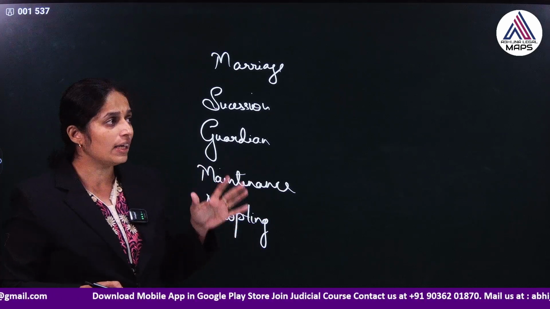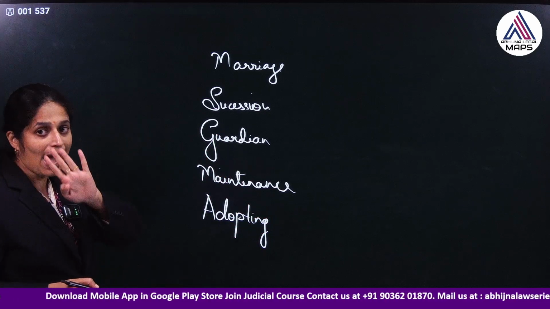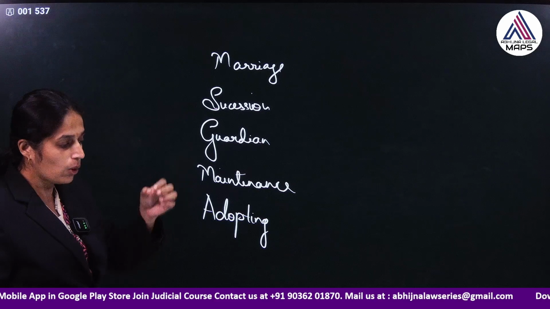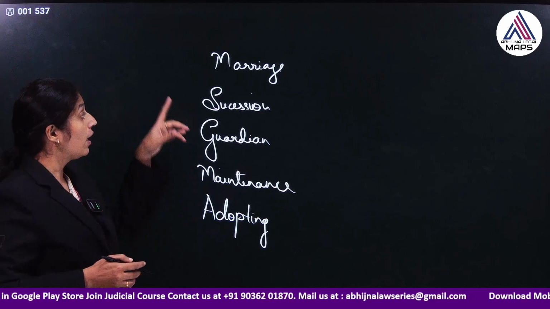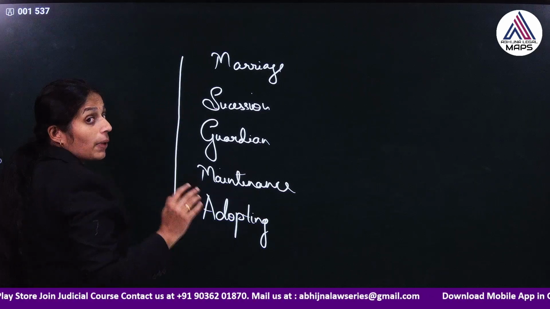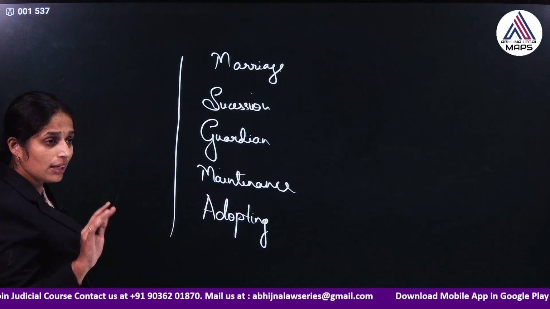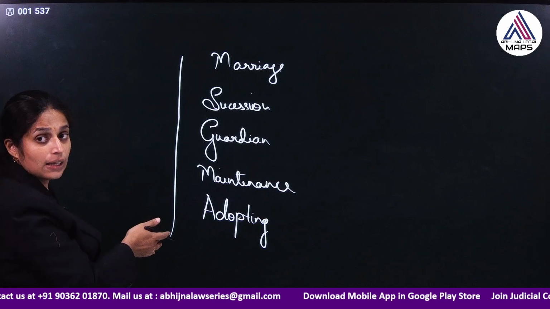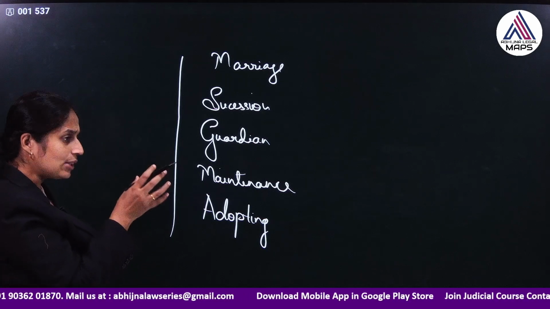Likewise in Hindu law we have many acts with respect to Hindu citizens, and these are said to be personal laws. The other laws are general in nature, but when it comes to personal matters like these, every religion has its own personal laws.